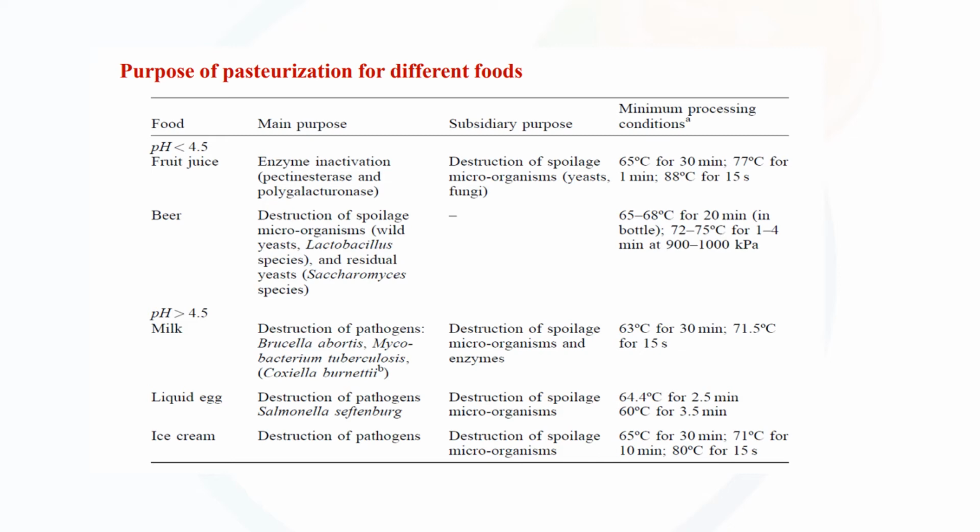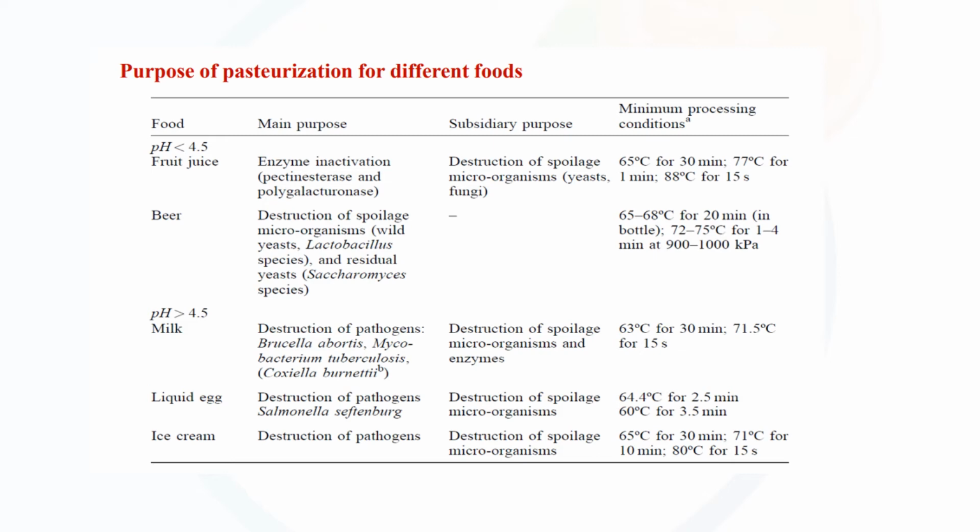For beer, the main purpose is to destroy spoilage microorganisms, and the minimum processing condition is 65 to 68 degrees Celsius for 20 minutes.